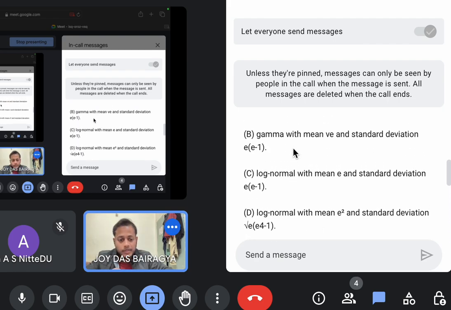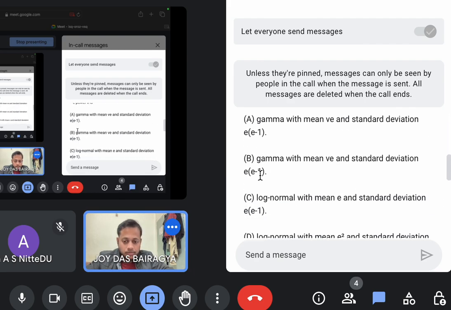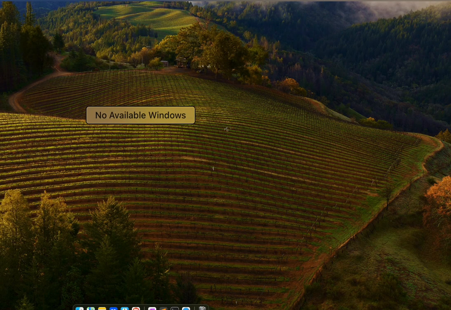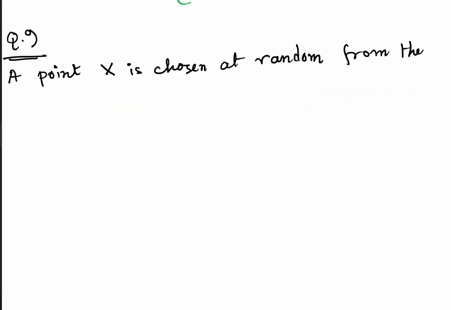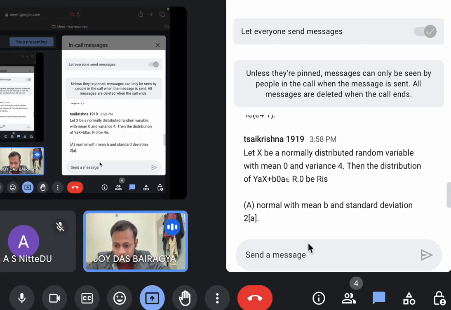Okay, let me solve, then I will try to solve this question. Hello Krishna, I am saying that if these questions are from assignment 5, then I plan to solve them in the next tutorial.